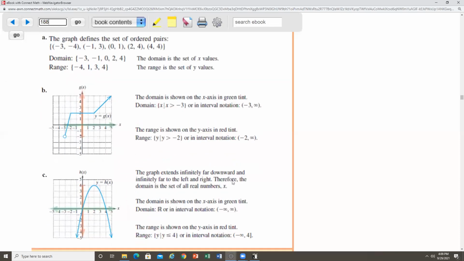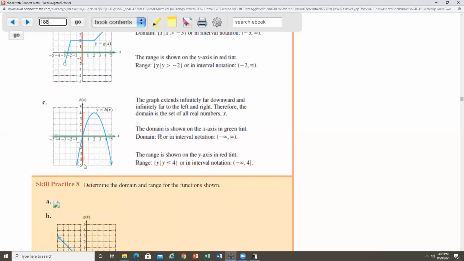So the range of that parabola opening downwards goes from negative infinity all the way up to what? Positive 4, including 4. Hence, in interval notation, we would represent the range as open parenthesis, negative infinity, comma, 4, including 4, hence the bracket.